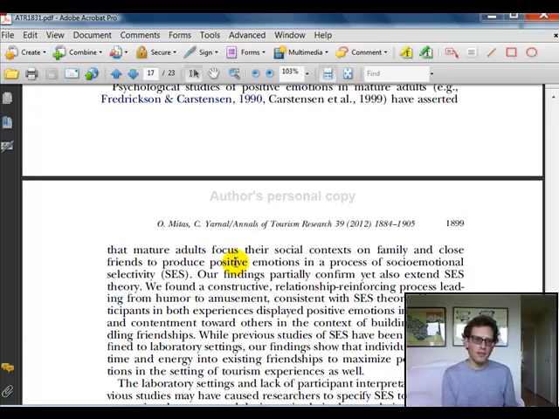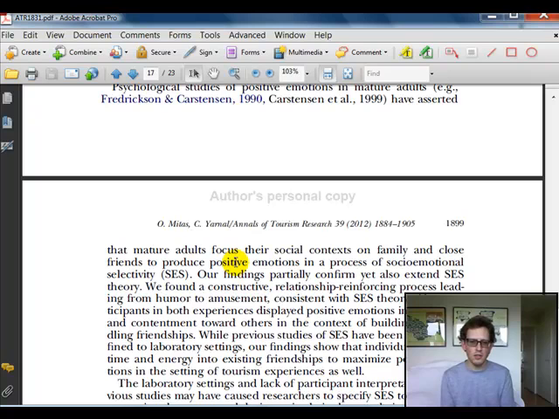Basically, SES theory says that when people are older, they start thinking about how they're not going to live forever anymore. They stop making new friends, and they start focusing on the friendships and the family that they already have. And that's just not true.